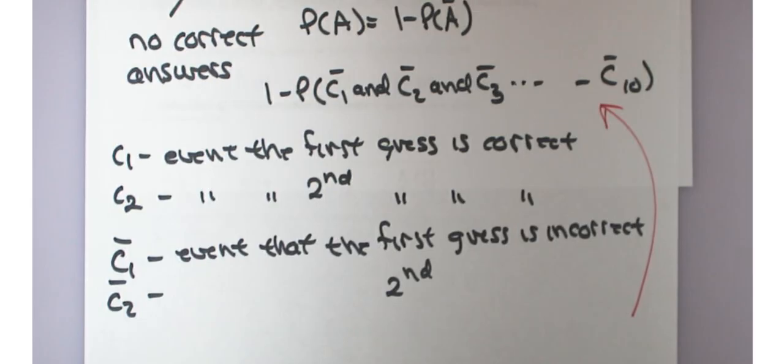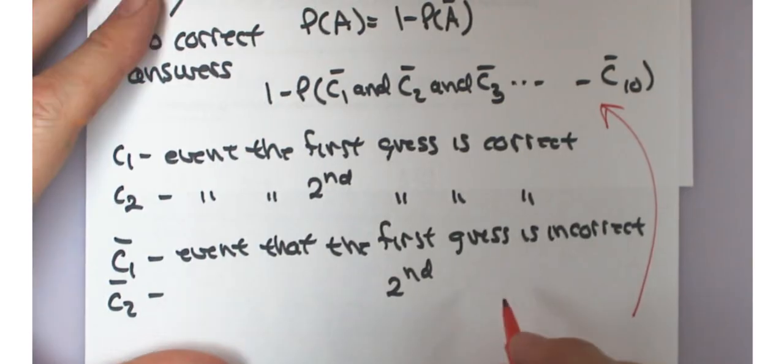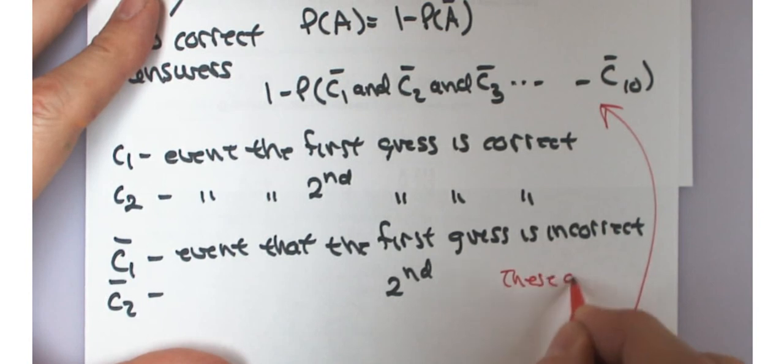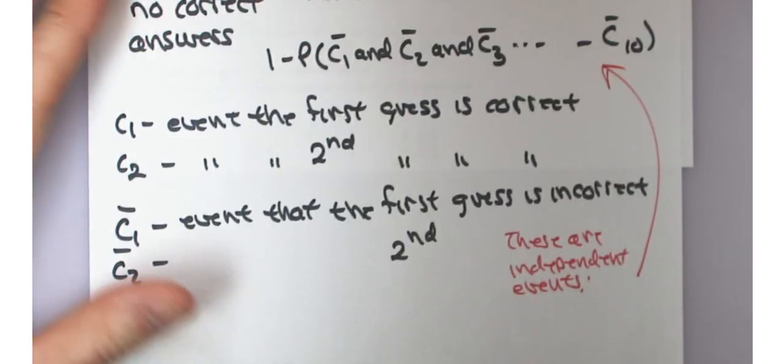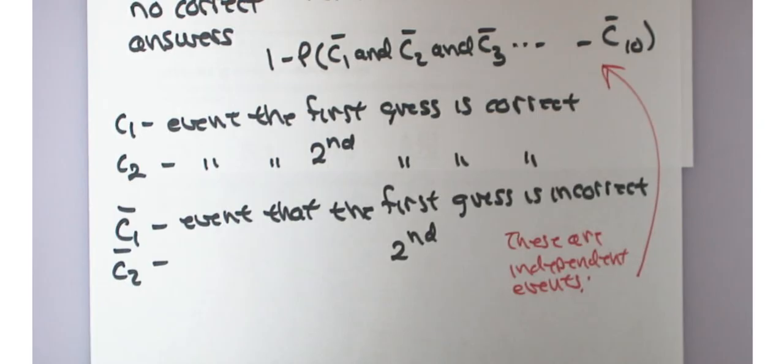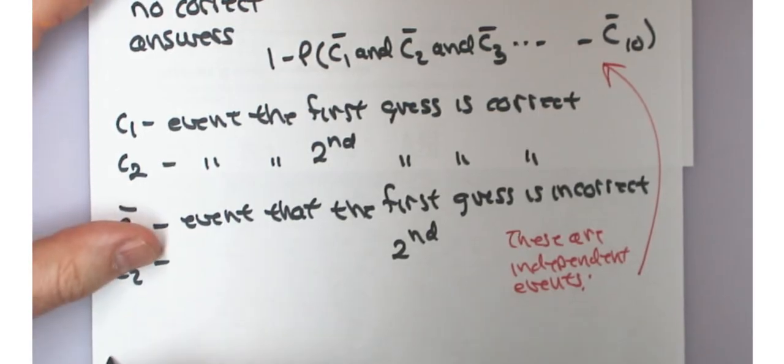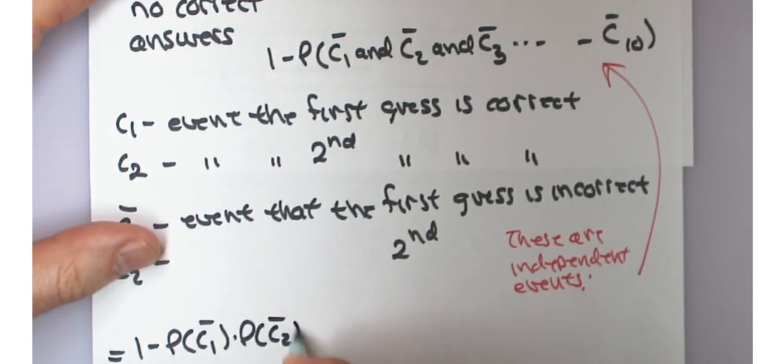Guessing wrong on one doesn't change your probability of guessing right or wrong on the next one. And so that probability can be turned into the probability of a product. So that's going to equal 1 minus the probability of C bar 1 times the probability of C bar 2, all the way down to the probability of C bar 10.